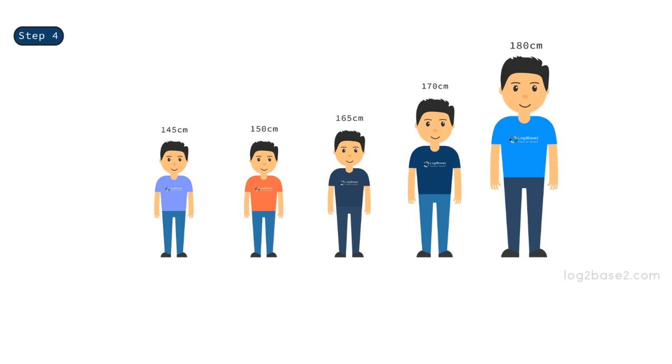So now all the 5 students are at their right positions. And this is exactly how selection sort works. In each iteration, we will find the minimum or maximum element and place it in its right position by comparing it with other elements. So that is what selection sort is.